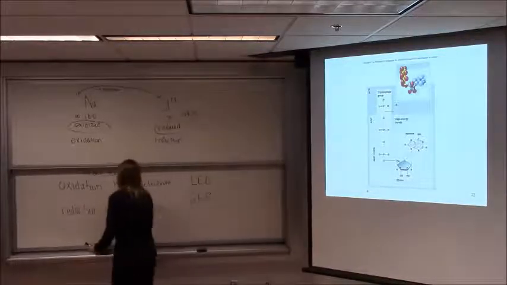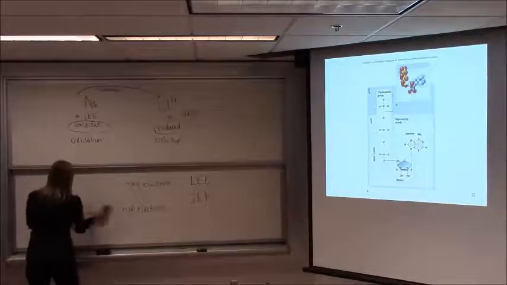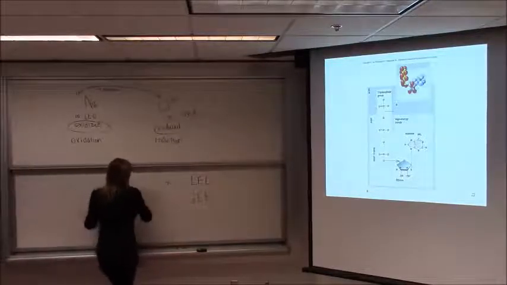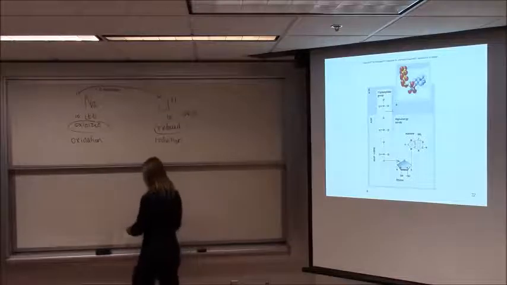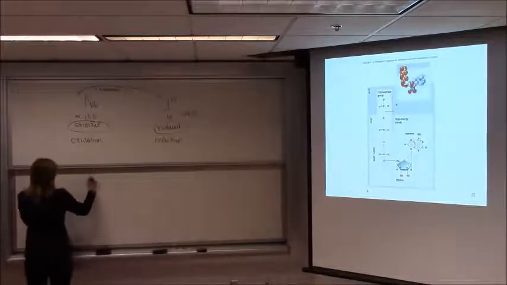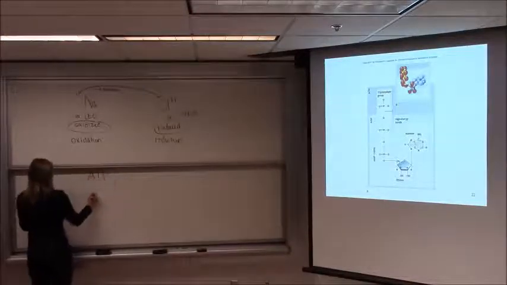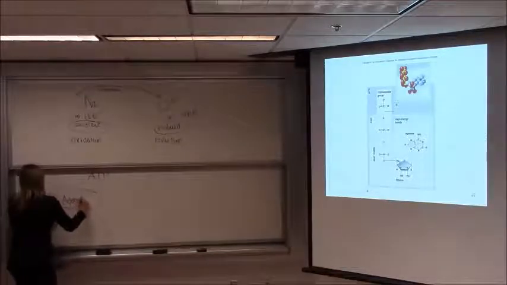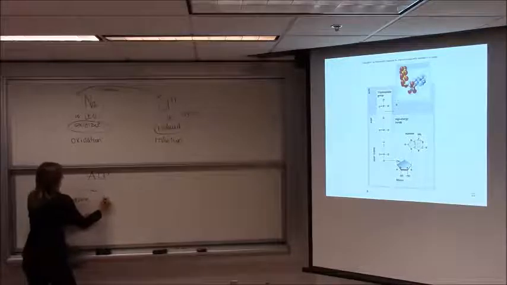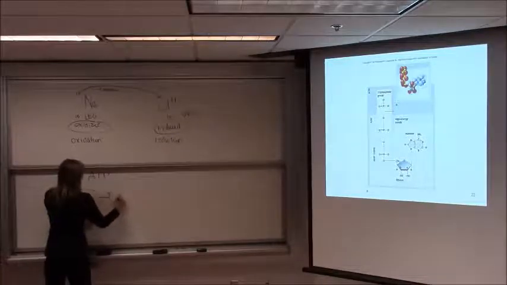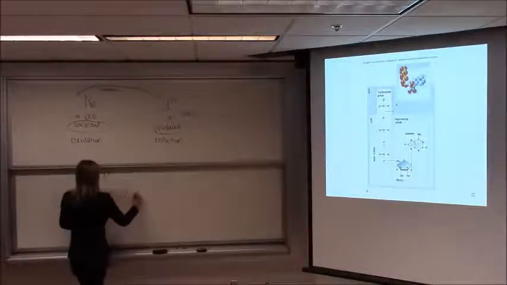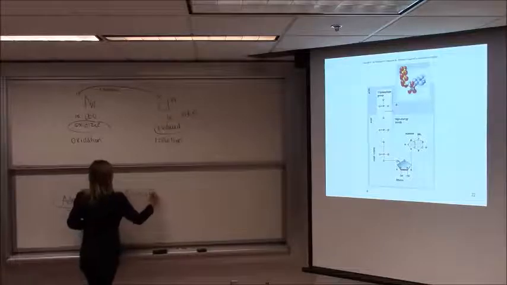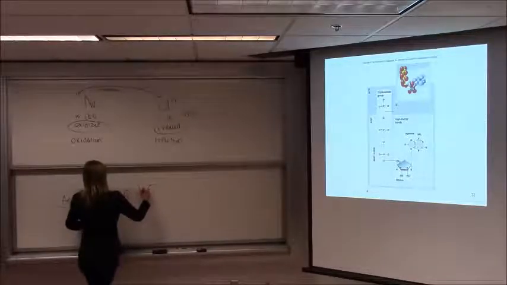In its most simple cartoon form that we're mostly going to draw, here's our adenosine part of the molecule, and then triphosphate. 1, 2, we draw a squiggly line for that last high energy bond.